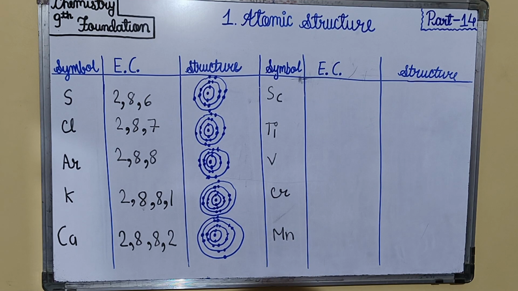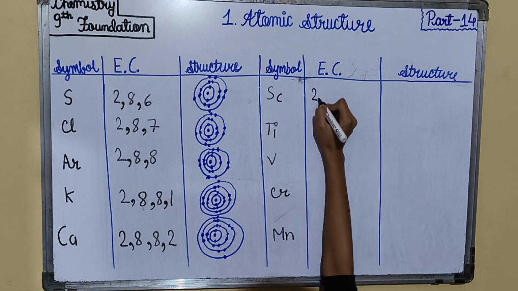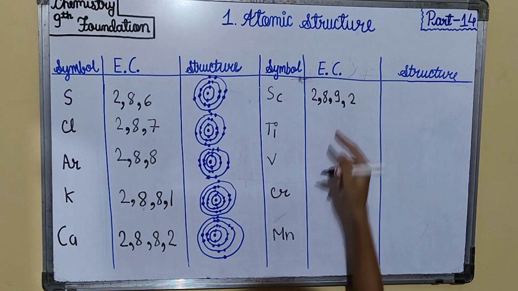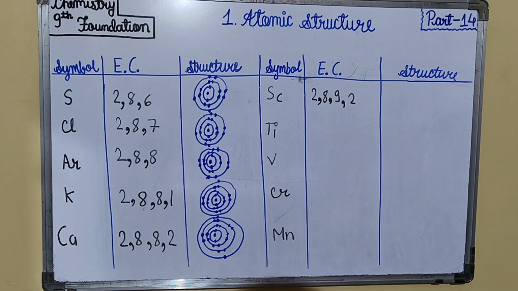Now let's move towards the scandium. Now we have made it stable. Now we'll take 2, 8, 9, 2. The capacity of third shell is 18. So we'll take more numbers in third shell only till it becomes 18.